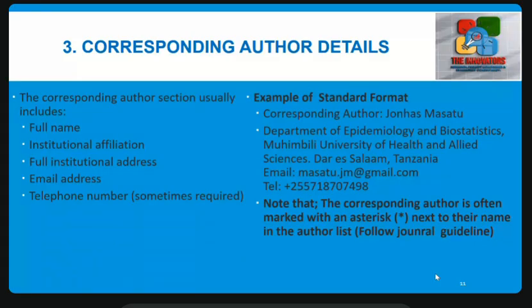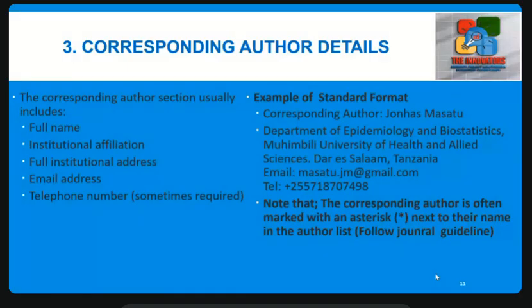So that's why the corresponding author's email and telephone number are very important. Now on my right-hand side, you see a good example of corresponding author details. The corresponding author is Jonas Masatu from the Department of Epidemiology and Biostatistics, Muhimbili University of Health Sciences, Dar es Salaam, Tanzania, and my email and contact are there.